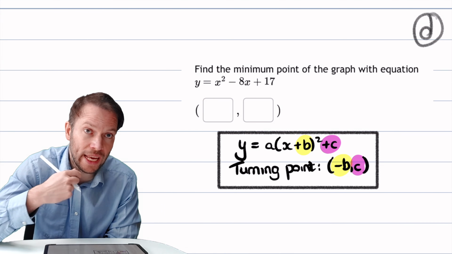Negative becomes positive, positive becomes negative. And then whatever this value is here, after the squared, that just becomes our y value. So we just get 1. So therefore, this turning point here is 4, 1, that red point there. And that is the turning point, the minimum point that we want. So the minimum point of our graph is 4, 1. And that's the final answer.